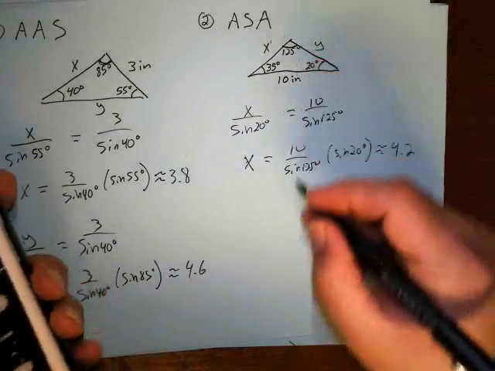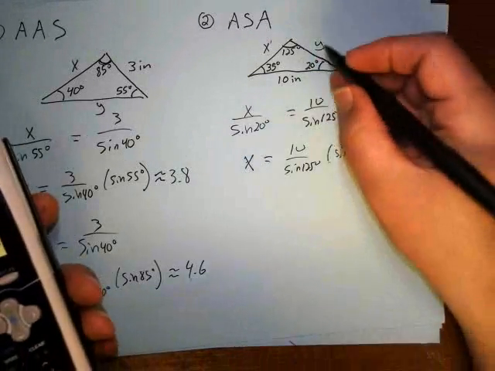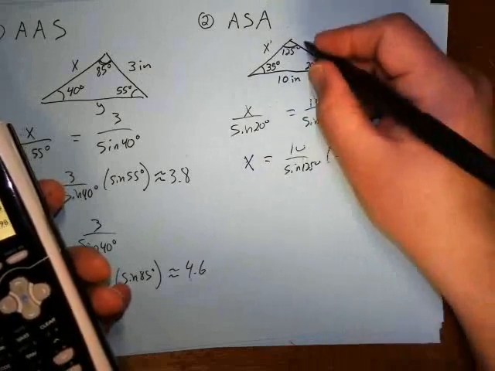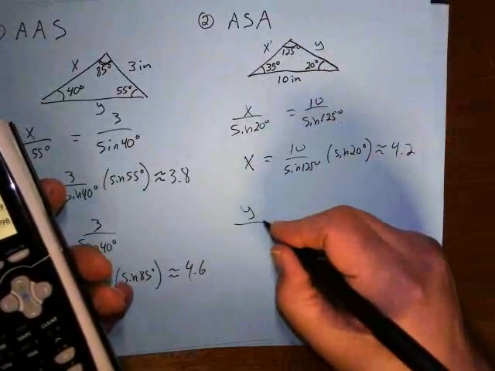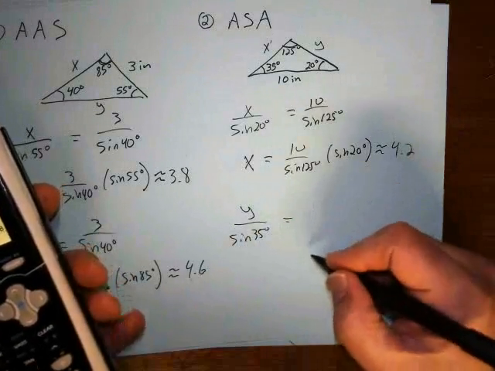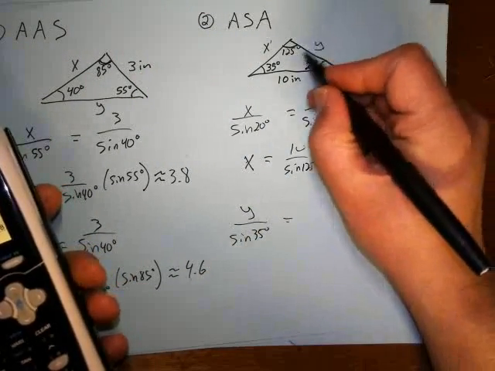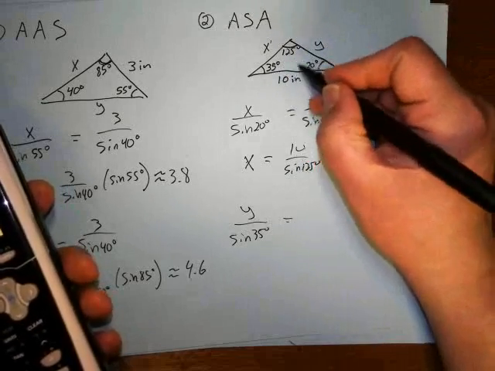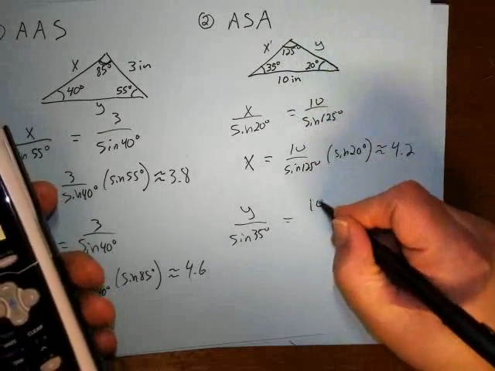And now this last one. And let me say, I didn't emphasize this before, but when you set this up, if you have the length of a side on top, and then the sine of an angle on bottom, you just got to make sure that the other side matches that. So y is to sine of 35 as 10 is to the sine of 125.